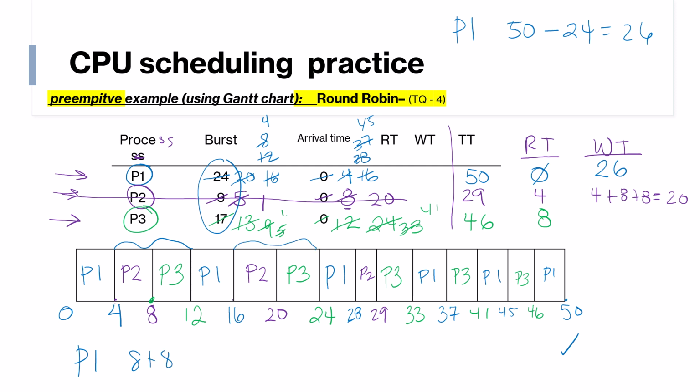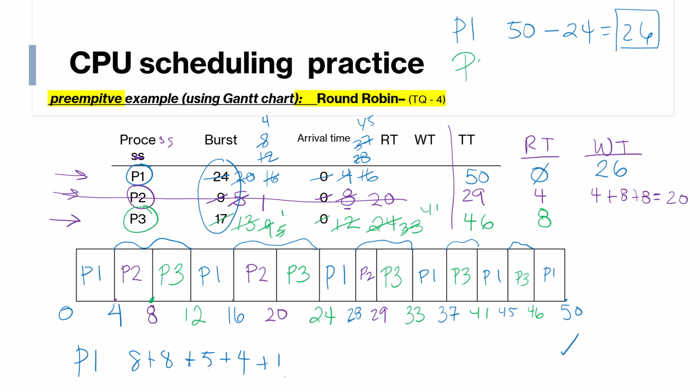And then it waited here from 28 to 33, which is 5 time units. And then it waited 4 time units. And then it waited 1 time unit. So if you add that up, 16, 20, 25, 26, then you get 26 for the wait time. So that is accurate. So I just want to make sure you understand where these numbers are coming from.